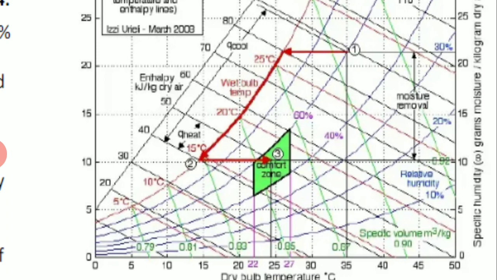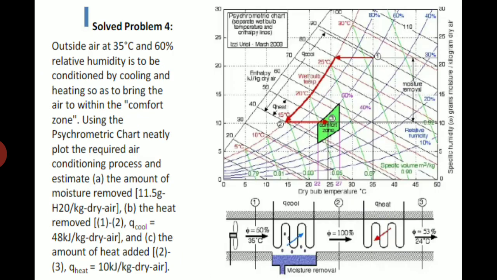Then draw the curve, then obtain point 3 where exactly the comfort zone is. From that comfort zone, draw a reference line towards the curve. Then draw the curve towards the bottom, and where that point 3 line and that curve meet, it represents point 2. So these are the representations of exactly the points.